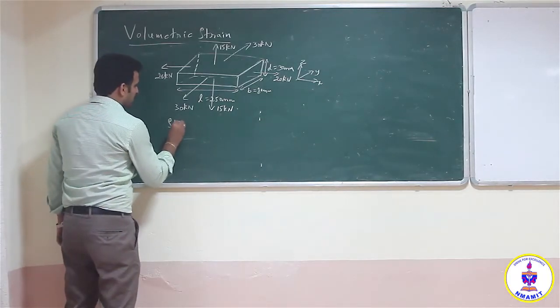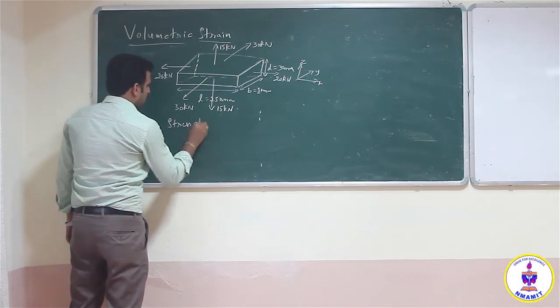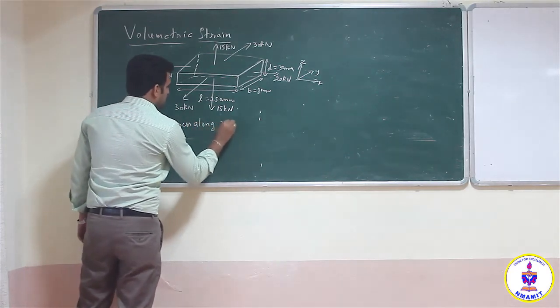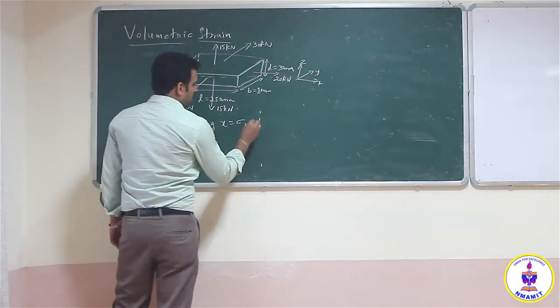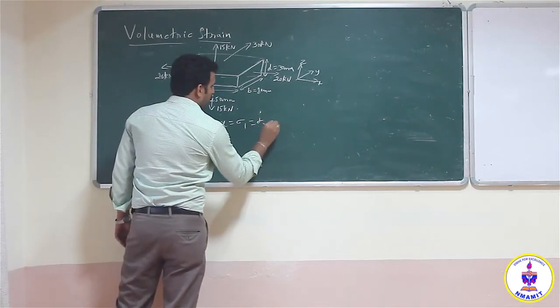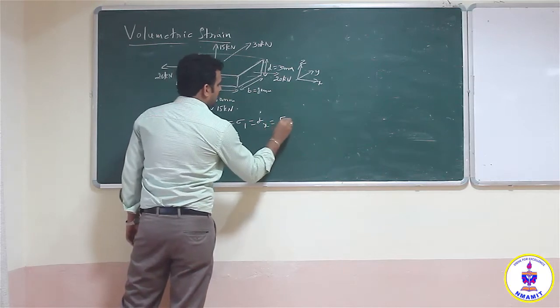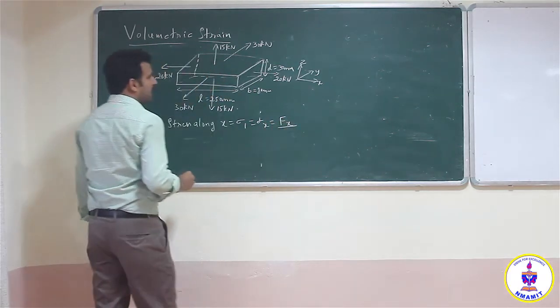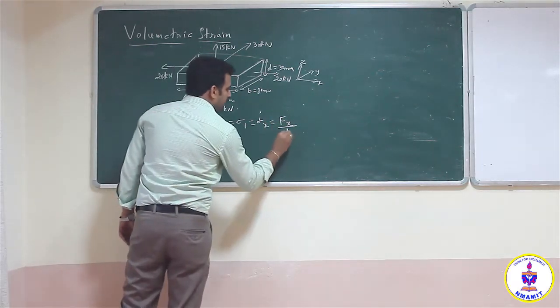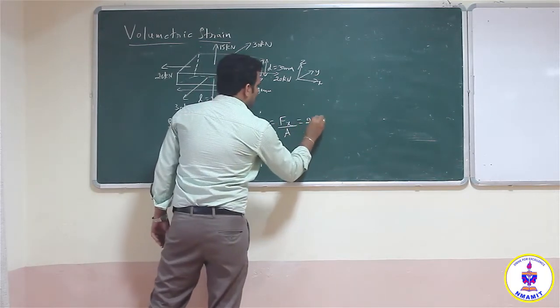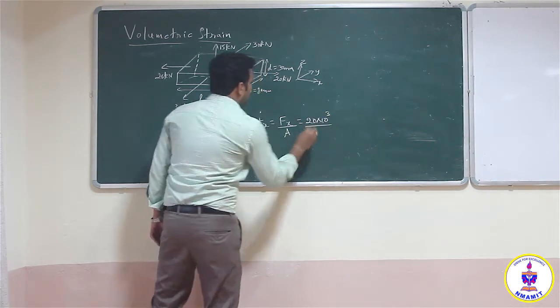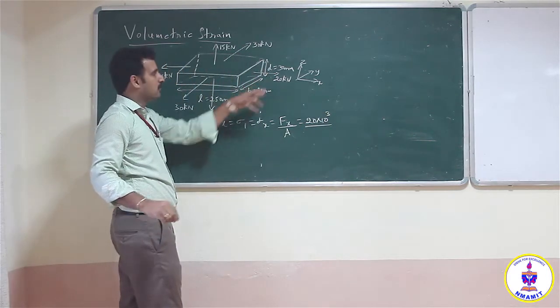So stress along x is sigma 1 or sigma x equal to force which is acting along x divided by cross sectional area. That is, force which is acting along x is 20 into 10 power 3 divided by cross sectional area which is perpendicular to this force.